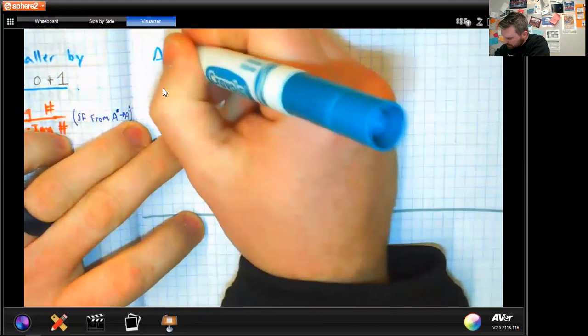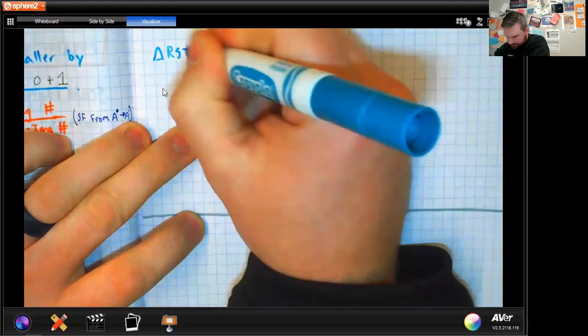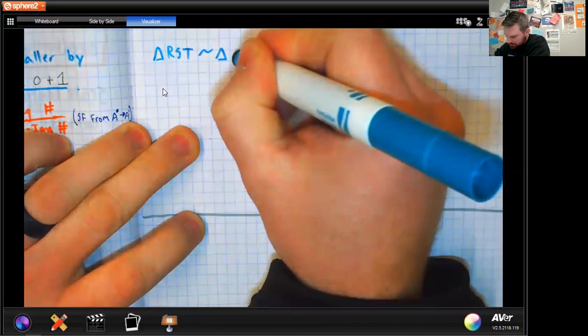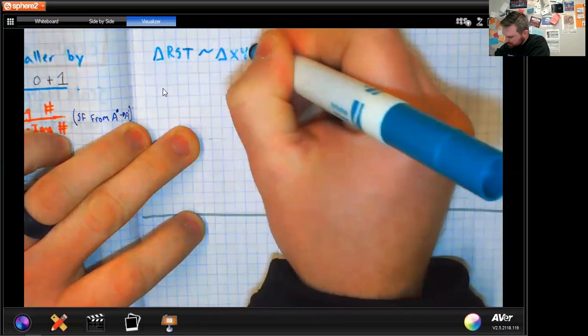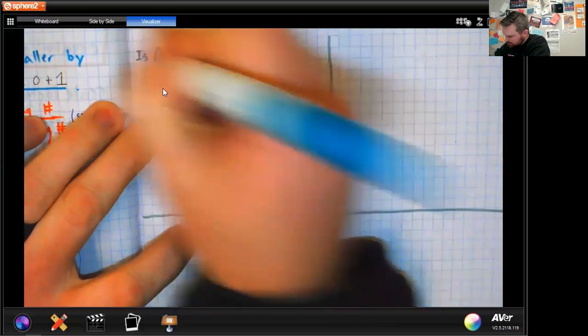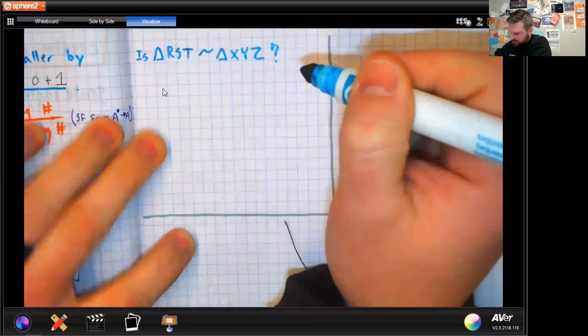Triangle RST is similar to triangle XYZ. So are those triangles similar?